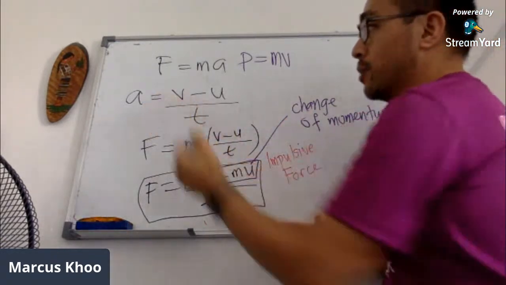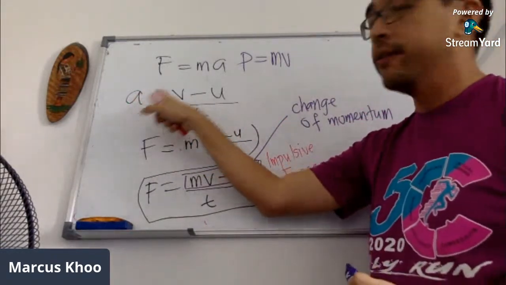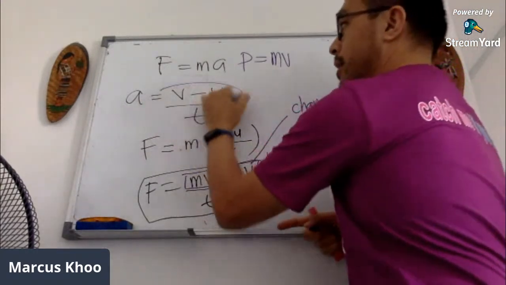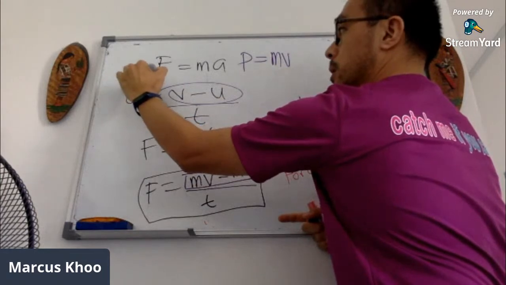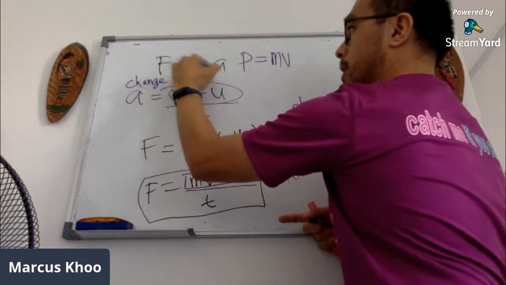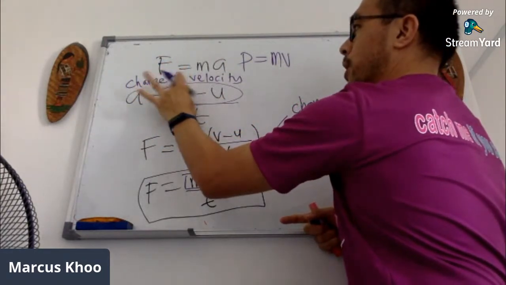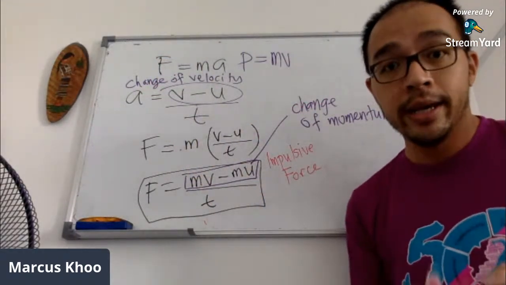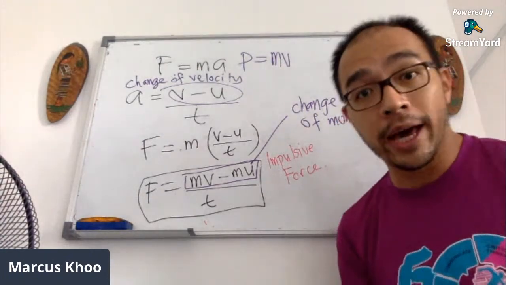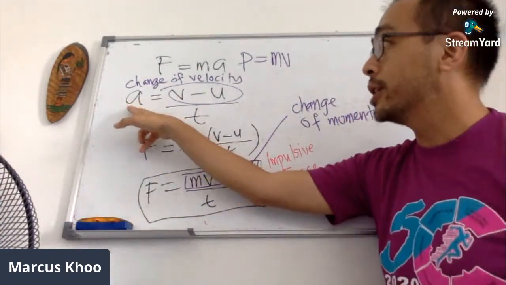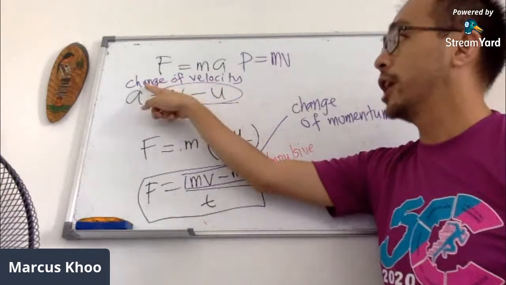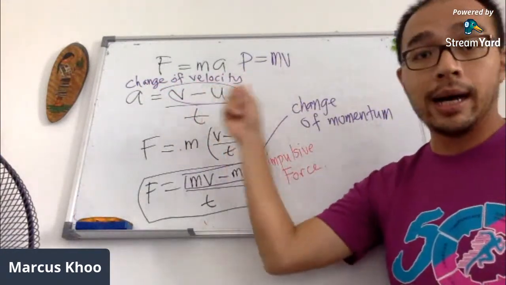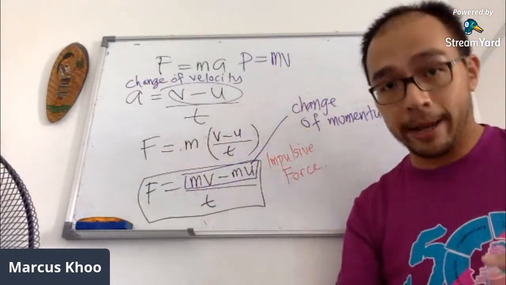Just like before this, when we were doing acceleration, v minus u, final velocity minus initial velocity, this is the change in velocity, or change of velocity. And if you remember the definition for acceleration, the acceleration is the rate of change of velocity, kadar perubahan halaju, because it's divided by time.